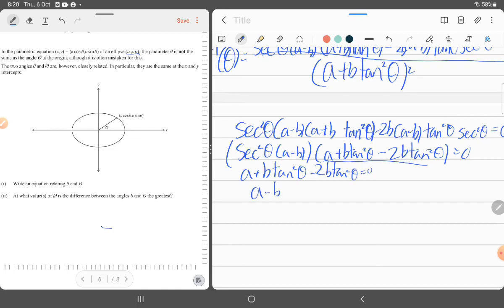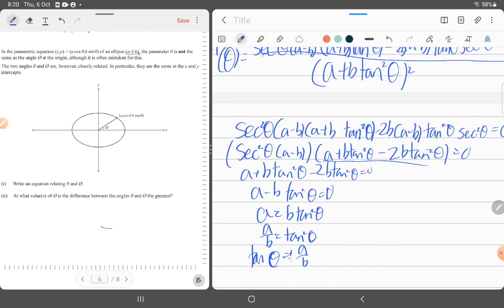A minus b tan squared theta is equal to 0. A equals b tan squared theta. A over b equals tan squared theta. Tan theta is equal to plus or minus the square root of a over b.